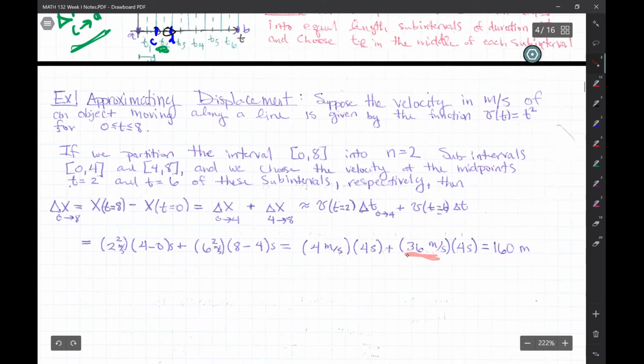That's what we chose to be the representative velocity in the second subinterval, 4 to 8. And what's the change in time? 8 minus 4, 4 seconds. And we get that the displacement is approximately equal to 160 meters.